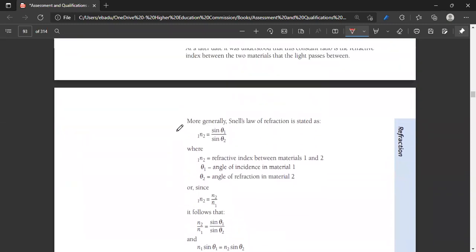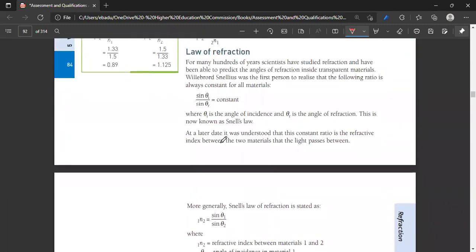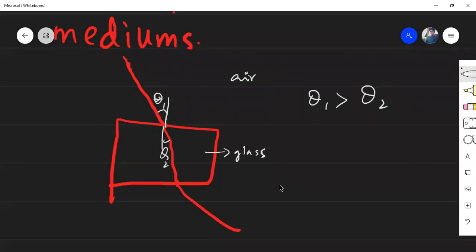And the law of refraction, have you studied Snell's law? No, I have not. Okay, Snell's law says that sine theta 1 divided by sine theta 2 is always constant.